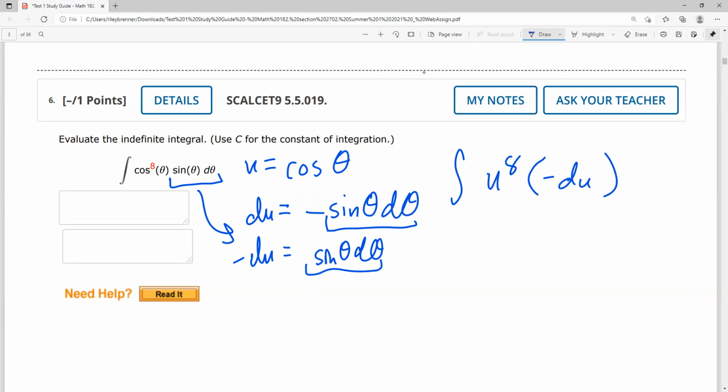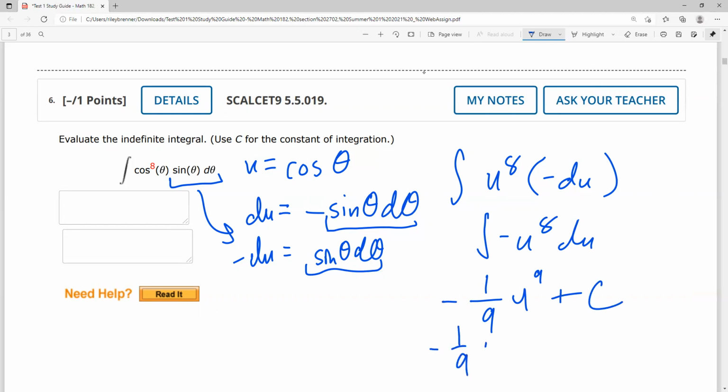So really we have the integral of negative u to the eighth du, power rule here, so we just increment the power, put it over that, and don't forget the negative sign. So it'll be negative 1/8 u to the ninth plus c, replace the u with what we had at the beginning, negative 1/8 cosine to the ninth theta plus c.